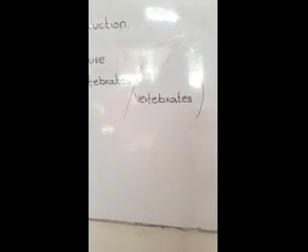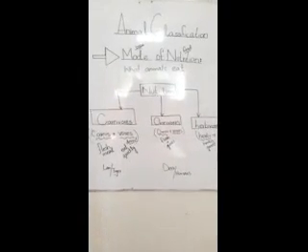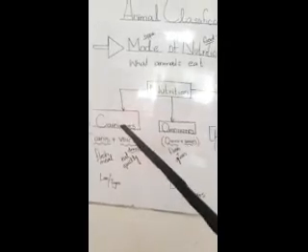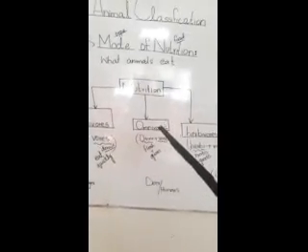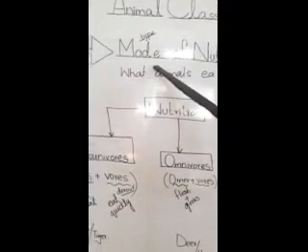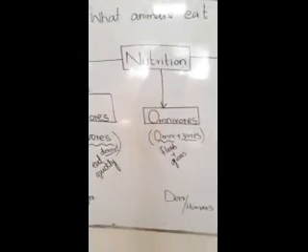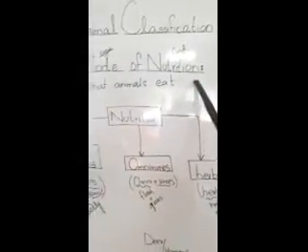Okay. So, on the basis of mode of nutrition, animals are classified into three groups: carnivores, omnivores, and herbivores. Mode means type, how, by utilizing which way they get their food, and nutrition means food.